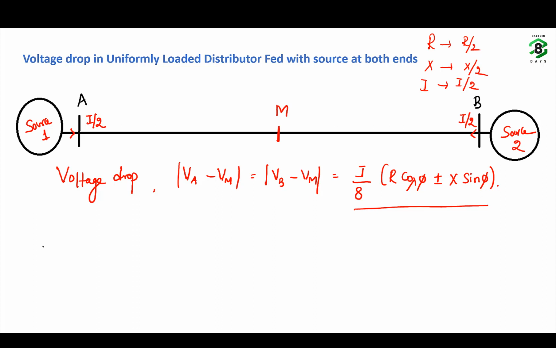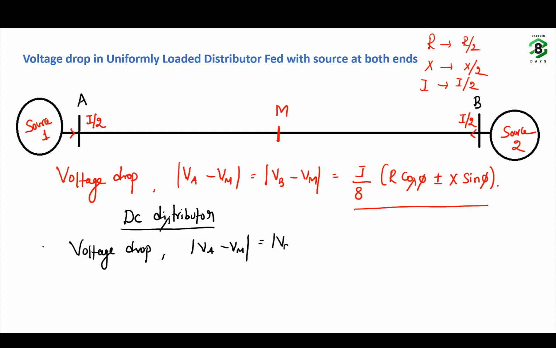Suppose it is a DC distributor fed from sources at both ends and the load is uniformly distributed. Then the voltage drop, VA minus VM, which is VB minus VM, will become how much?